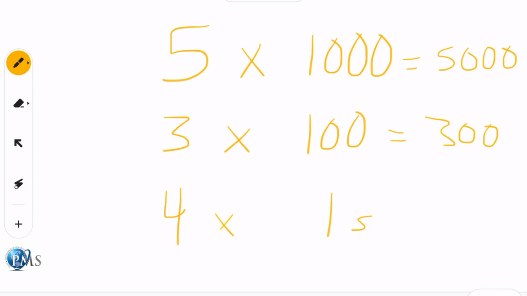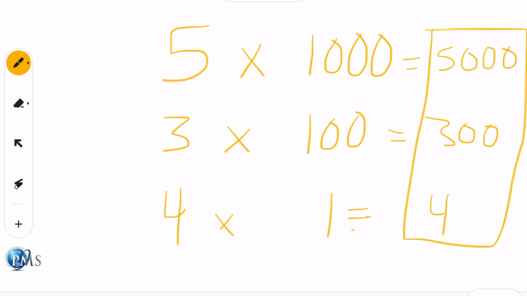Keep this going. 4 ones is 4 times 1, which of course is just 4. And then we could just combine or add each of these numbers on the right. And if you do that, 5,000 plus 300 plus 4, you get a grand total of 5,304.